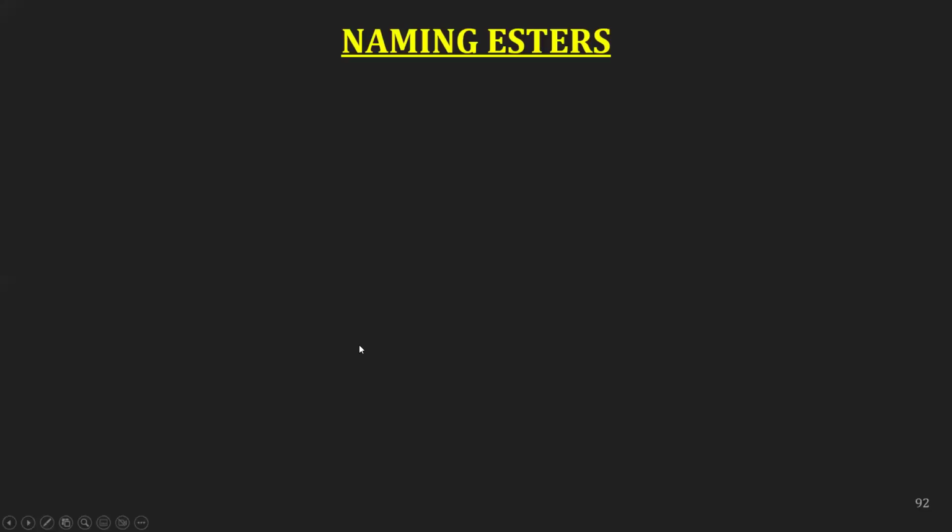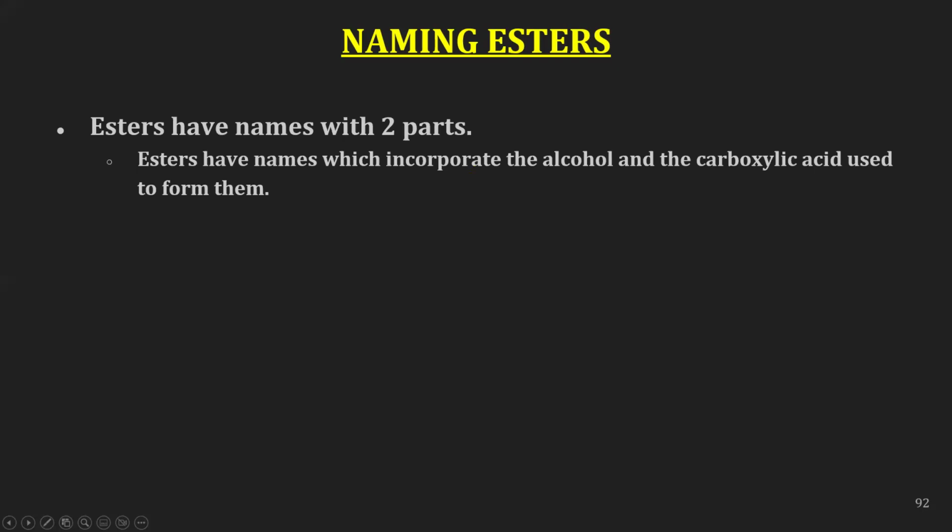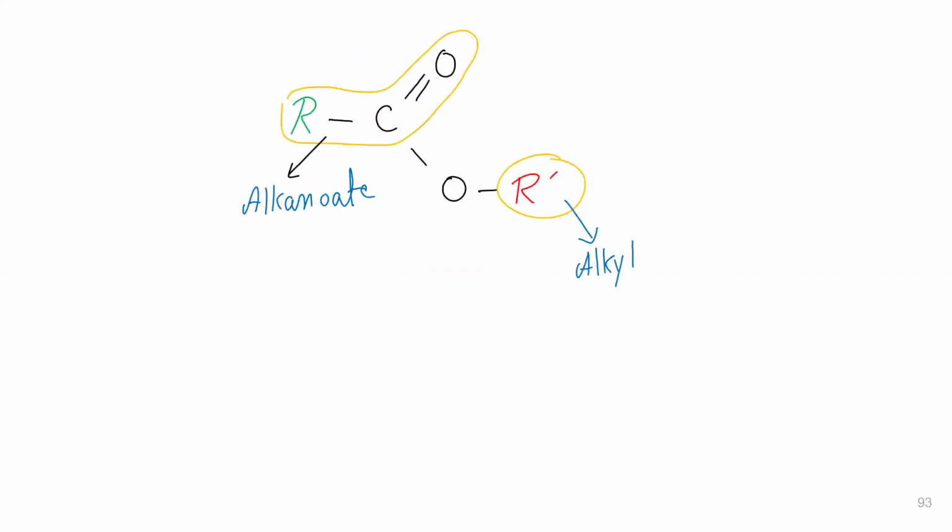Now, naming esters, how we develop the nomenclature. Esters have two parts. Look, this is how we name them. The first part, which contains the carbon-oxygen double bond, is the alkanoate group, and the alkyl radical, which is on the right side, which is not connected with the carbonyl carbon, is the alkyl radical. This is how the ester structure is divided.